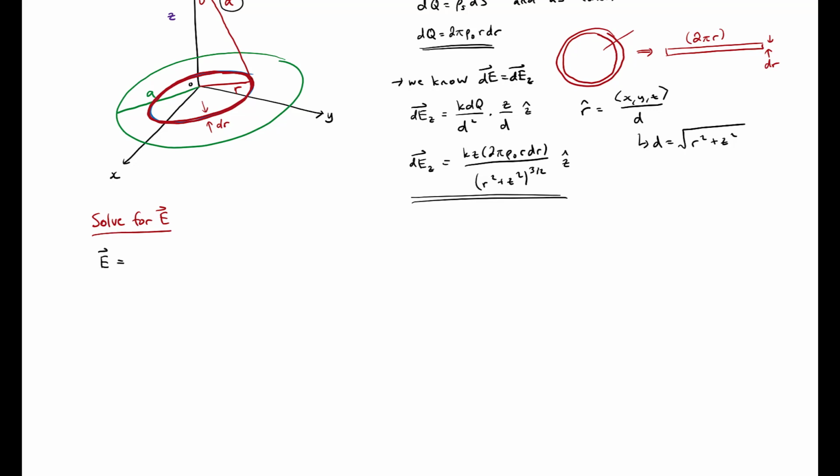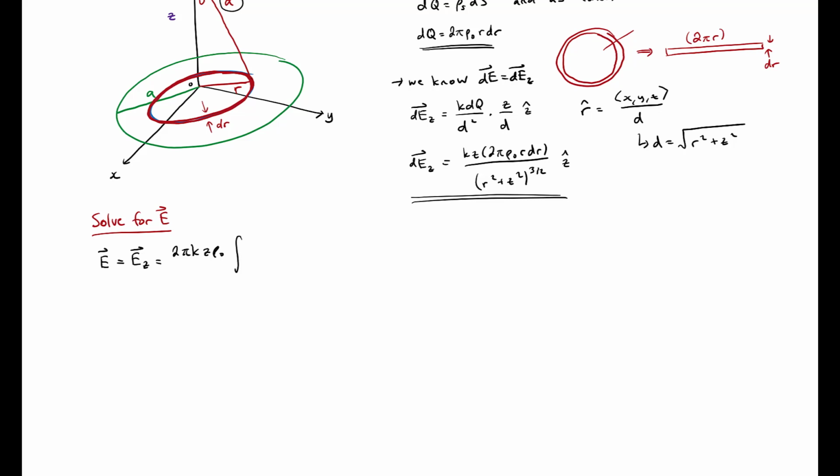We have E equal to E_z, which is equal to, let's see what kind of values we can take out. We can certainly take out anything that doesn't have to do with r. So we have 2 pi k z rho naught. I think that's about it.